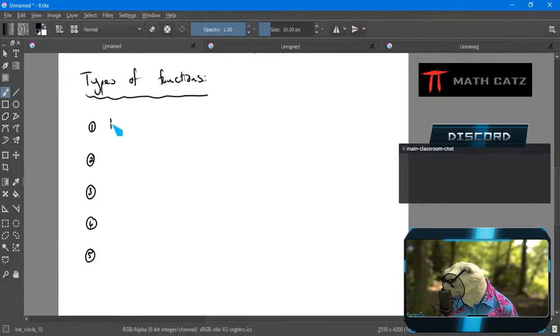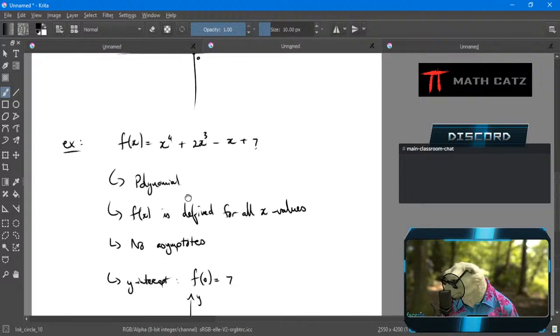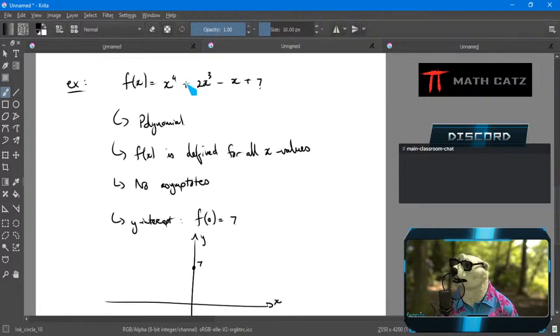The first one is, of course, we've seen, a polynomial. So I need to eventually make sure that I do all the steps for polynomial examples.